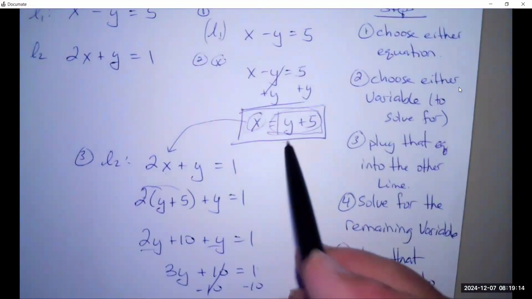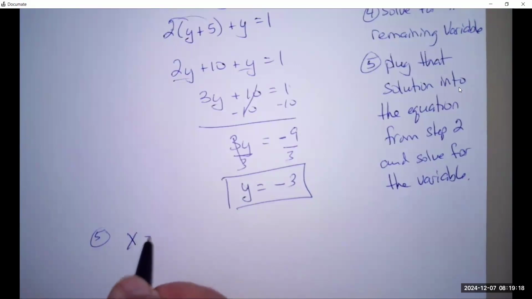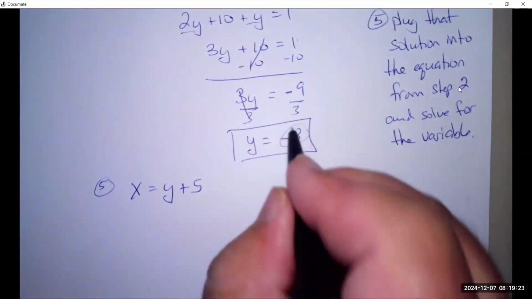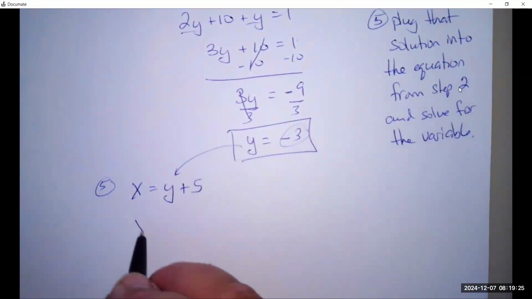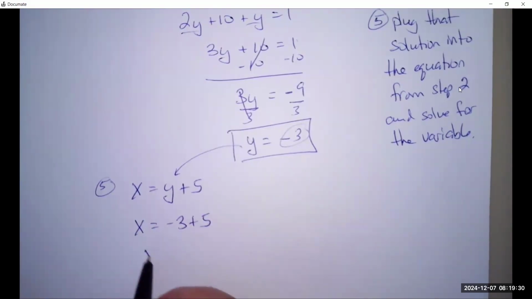So this equation here says, this is step 5, x equals y plus 5. I know that y is equal to negative 3. So x equals positive 2.